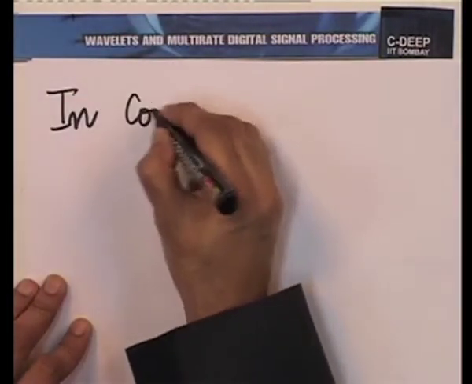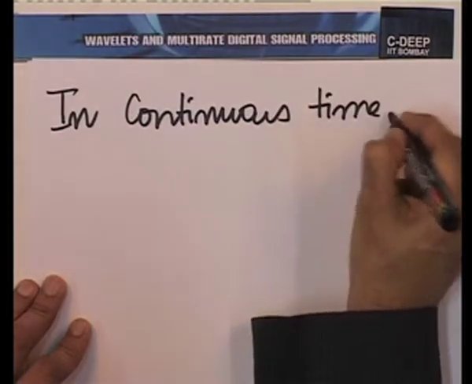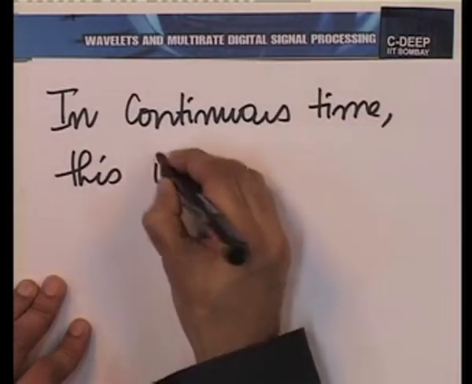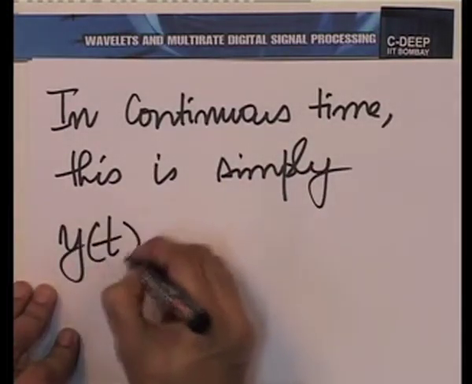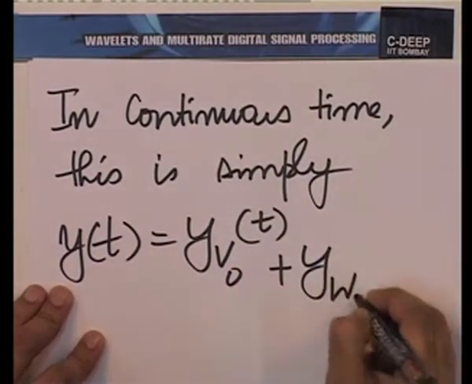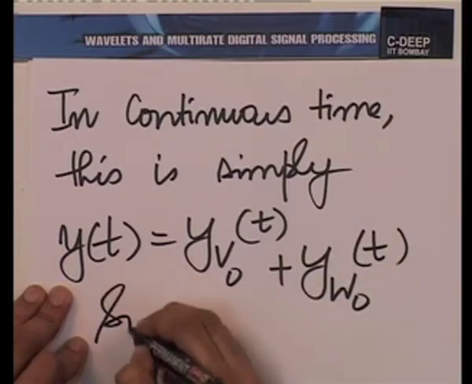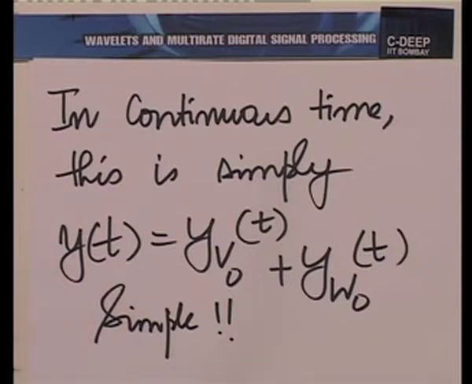In continuous time, this is simply y(t) is yv0(t) plus yw0(t), simple. So simple, you just add them, but that is in continuous time. When you want to do it in discrete time, you have to work a little harder.